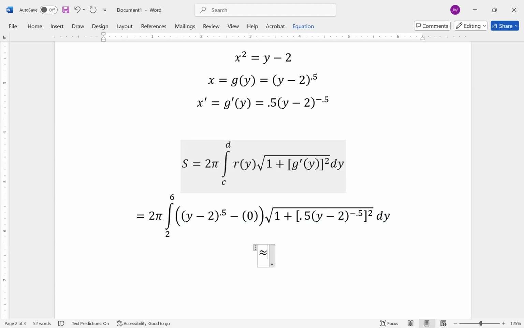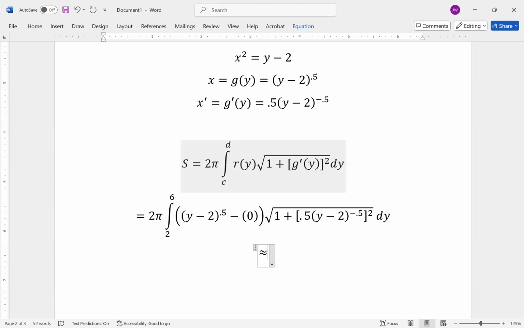So y minus 2 raised to the 0.5 power, all multiplied times the square root of 1 plus 0.5 times y minus 2 raised to the negative 0.5 power, squared.